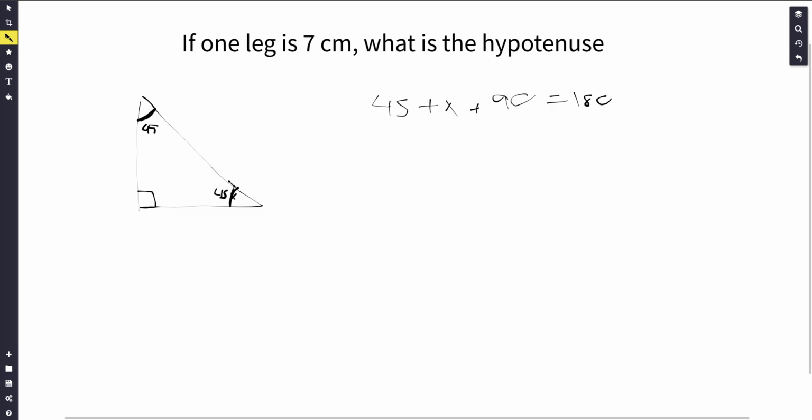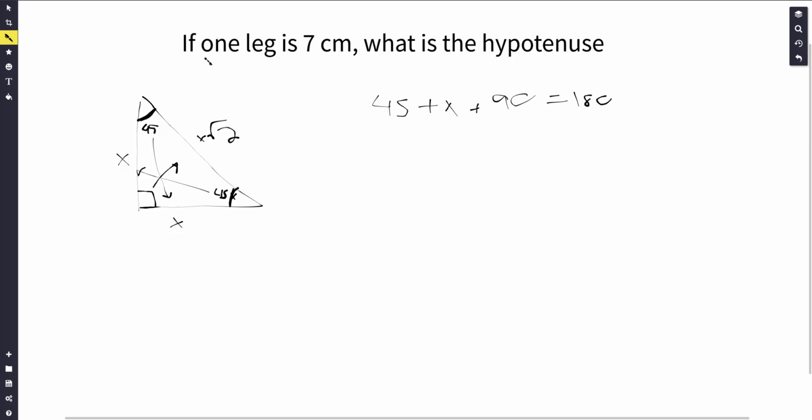So we have a 45, 45, 90 triangle. Okay, now let's go back to our memorization of 45, 45, 90 triangles. What are the side relations? So remember, across from the 45 is x. So across both these 45s is going to be a side of x. And then across the right angle here, we're going to have x root 2.